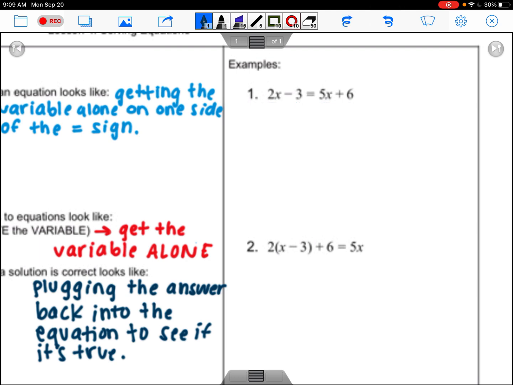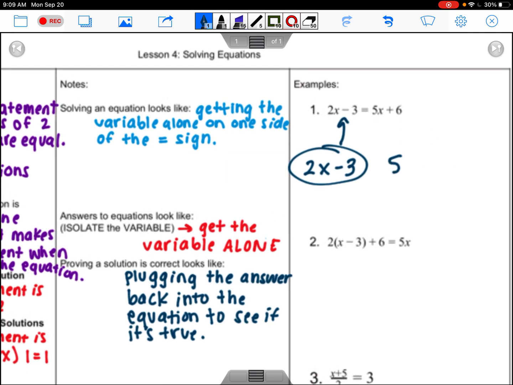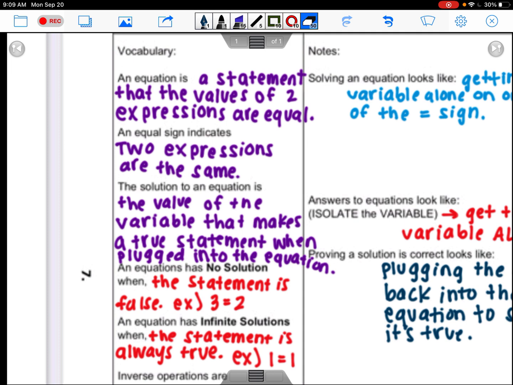Remember, an expression without an equal sign looks like this. But when we put an expression and another expression together with an equal sign in between, it's an equation. An equal sign indicates that two expressions are the same, which makes sense because equal means the same.